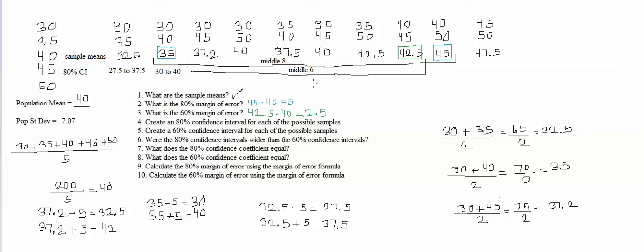If I wanted to finish creating these 80% confidence intervals, I would just take each of these sample means and just add and subtract 5. The answer to this one would be 32.2 to 42.2.